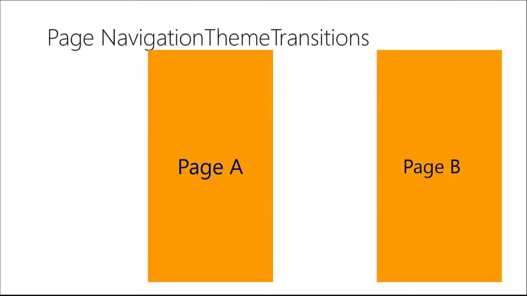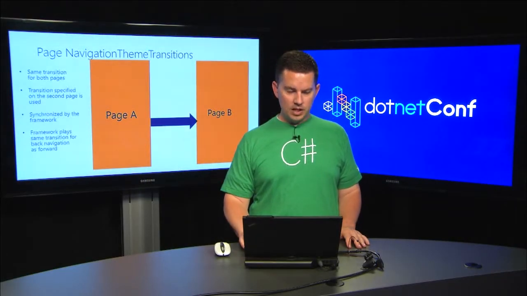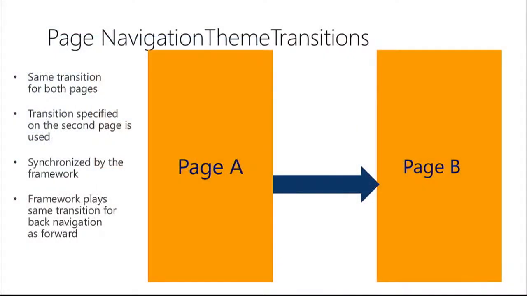So some examples of when you would want to use page navigation theme transitions. Let's say we have page A and page B. The same transition will be used for both pages, and the transition is actually specified on the page you're navigating to. So the one specified on page B is going to be the animation used as we're navigating to that. This is synchronized by the framework, and the same transition is used when you go forward and back.